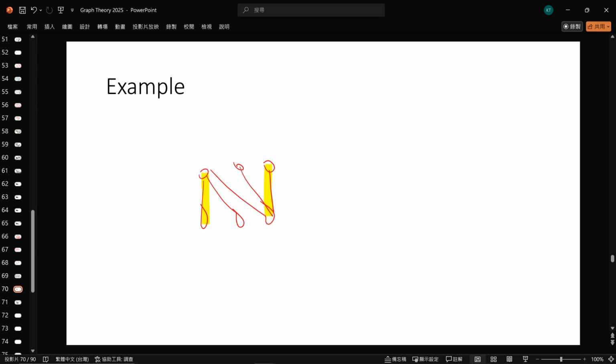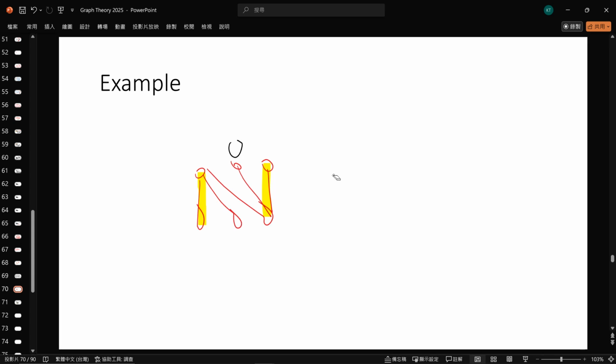Okay, so let's consider this example, and let's try to find S and T. To find S and T, first of all, you have to find the unsaturated vertices in X. So this vertex is unsaturated, therefore it is in S. In the first round, we can only pick this vertex and then go down. So this vertex is in T, and then we can go up.